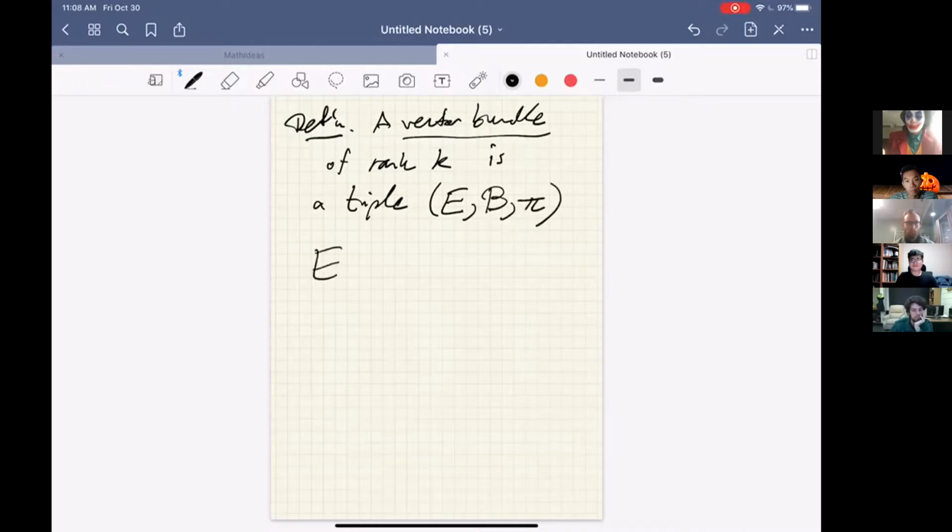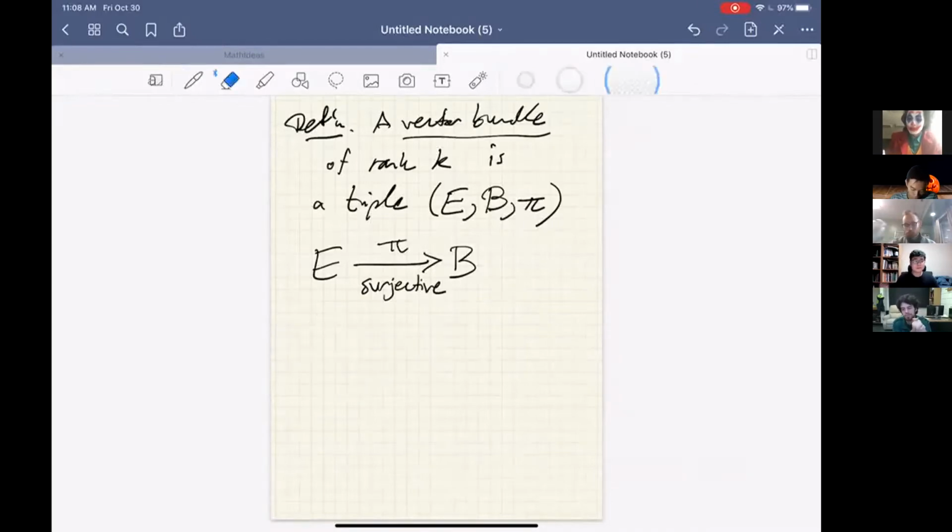So pi is smooth. Everything's smooth here. This is also surjective. And you want that for every point. And so, okay, sorry, let me give these guys names. E is the total space, and B is for base space.